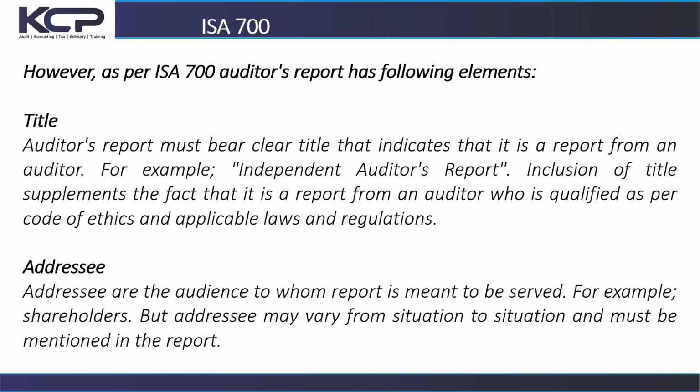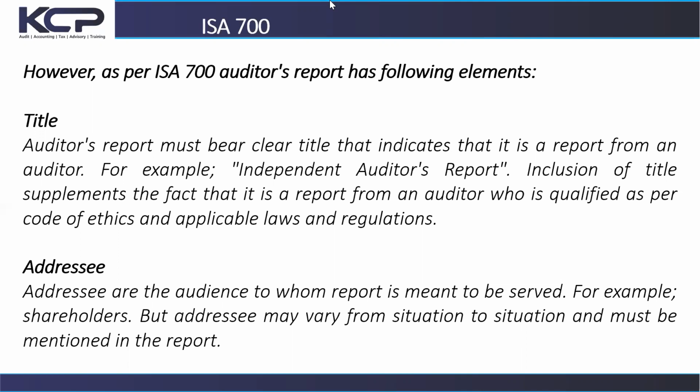The second thing is the addressee. That report should be addressed to certain parties. So the addressees are the audience, I meant to say, to whom the report is meant to serve. However, it should be stressed that they are not the only users of the financial statements.